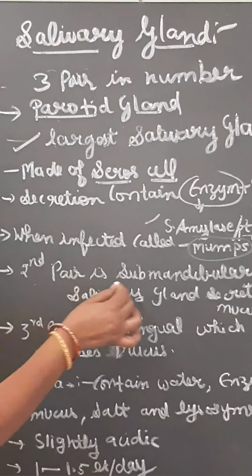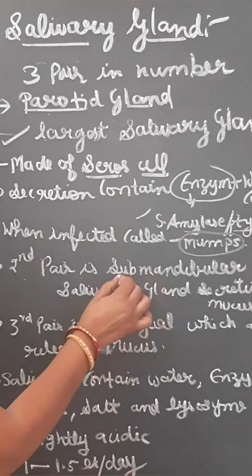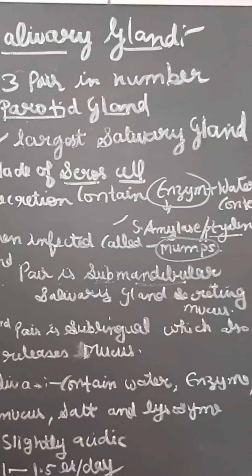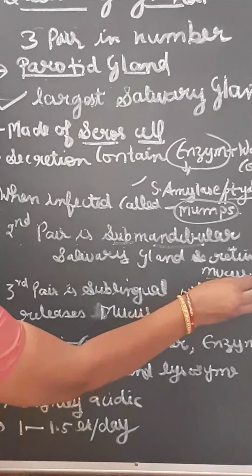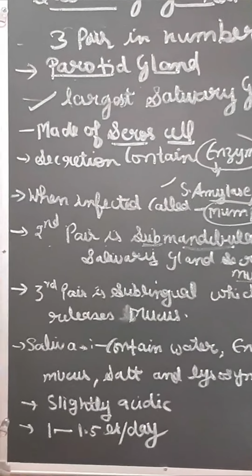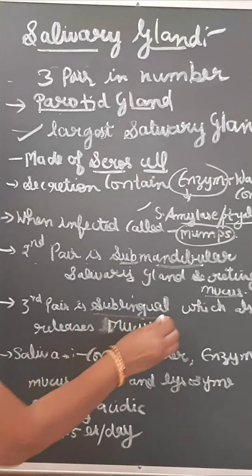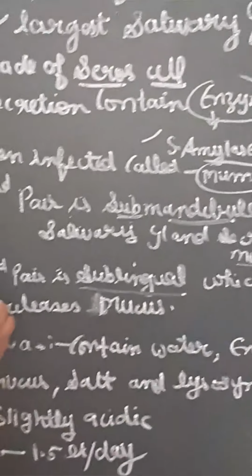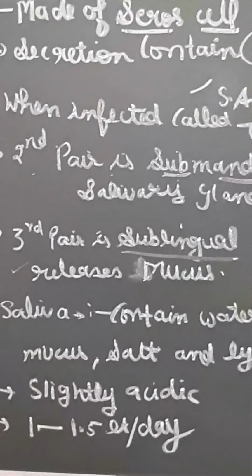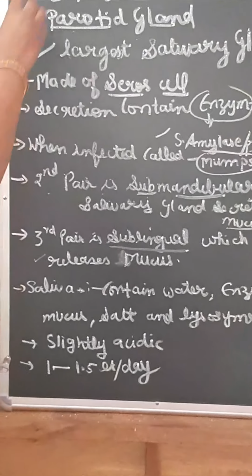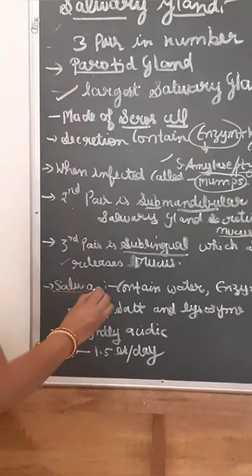The second pair is the submandibular or submaxillary salivary gland. Its secretion contains mucus. The third pair is the sublingual salivary gland, which also releases the same content, that is mucus. The main secretion of the salivary glands is saliva.